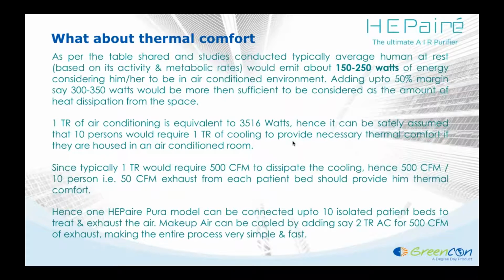So I'm putting up a point here that while you have to size an exhaust system, we know that 1 ton would give you about 500 CFM or maybe 400 CFM. I've taken the higher side to be on the safer side, as 500 CFM. And I pull back 50 CFM from the face of each individual who's lying on a bed and cover that space.